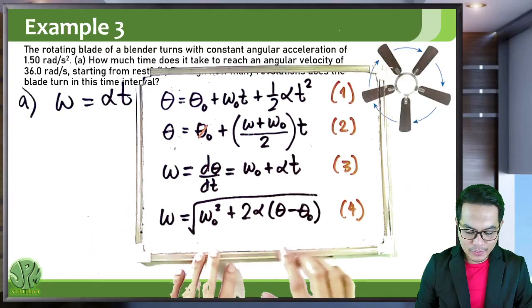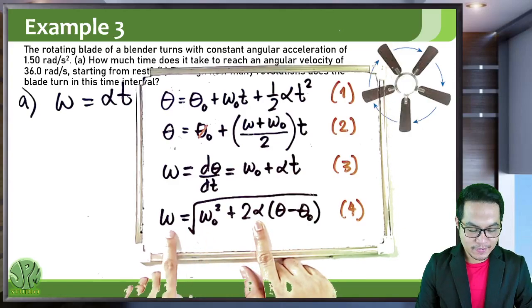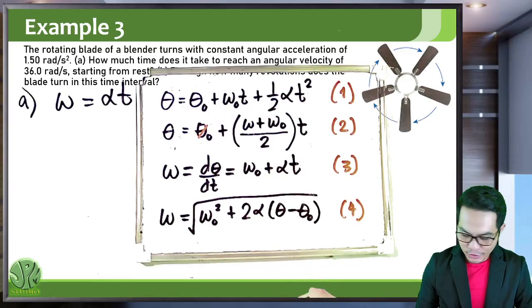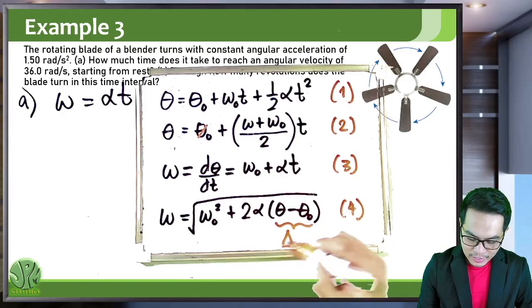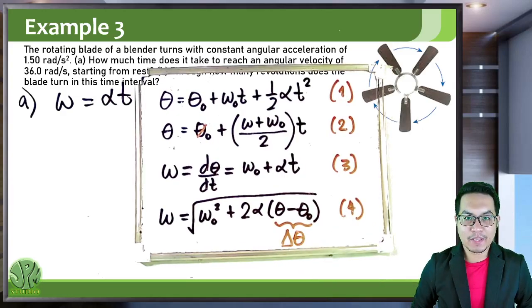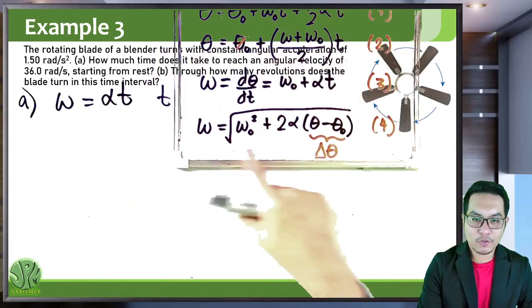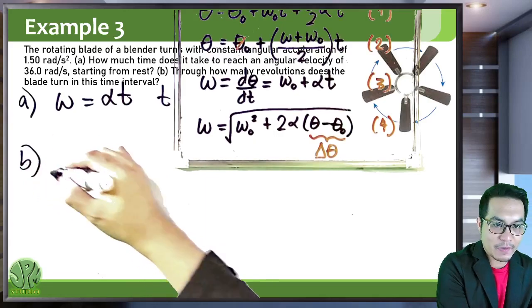Because in equation number 4, alpha is given, omega naught is given, omega is also given, and you are trying to find the change in angular position, or the angular displacement, delta theta. So what we will do is square this from the original. That's actually the original kinematic equation.